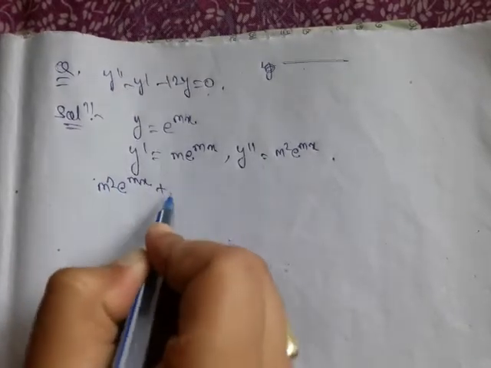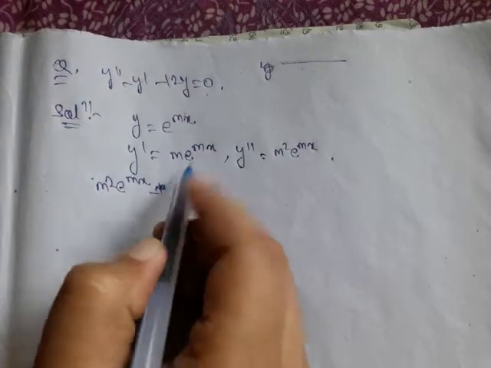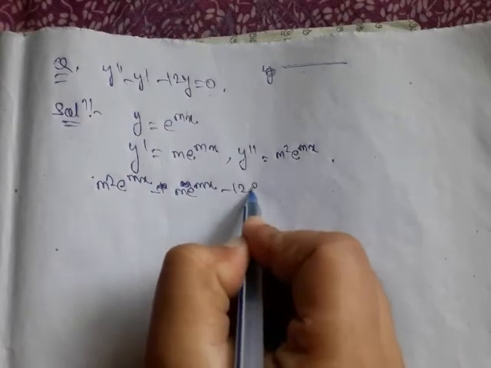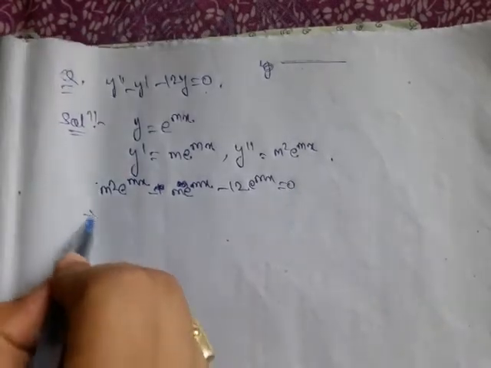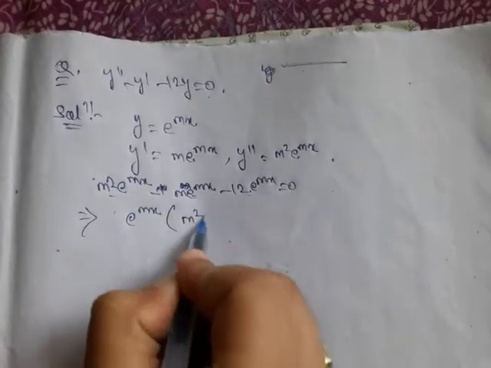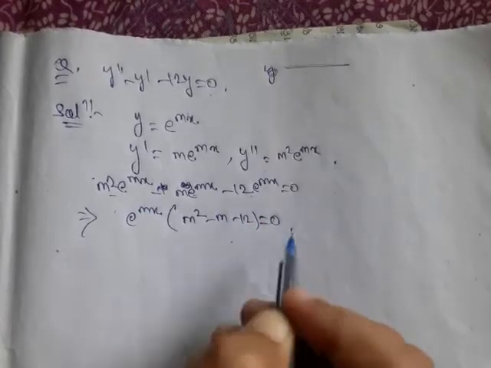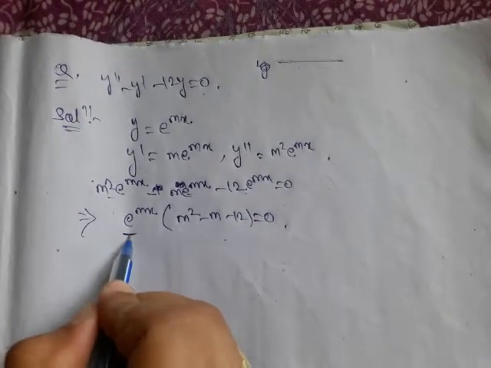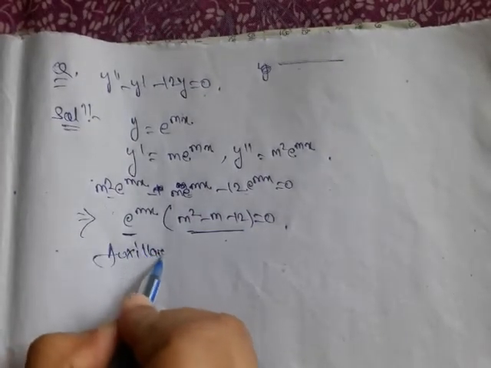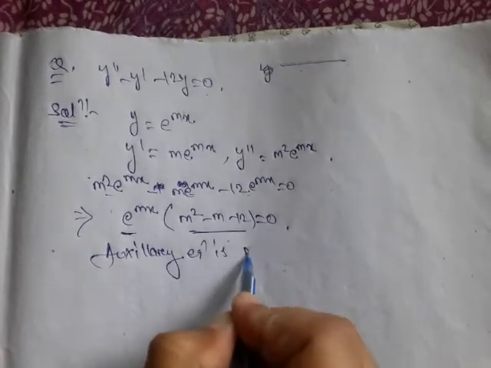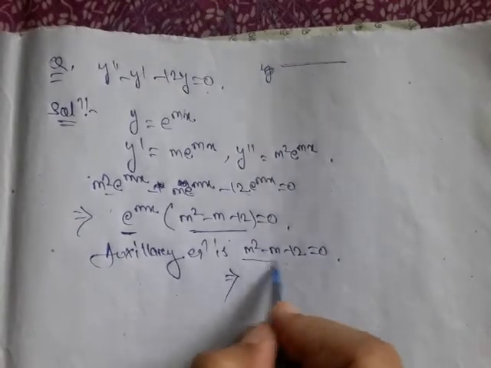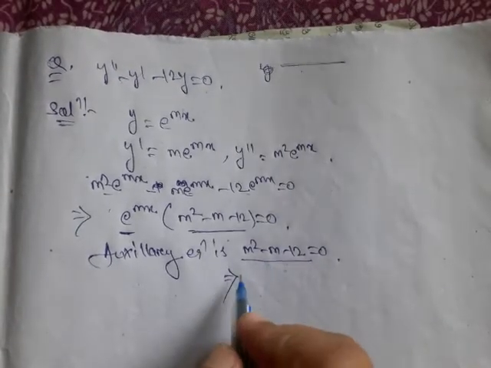So here, m square e to the power mx minus y dash, which is m e to the power mx, then minus 12 into y, which is e to the power mx, equals 0. Then we take e to the power mx common, so that is m square minus m minus 12 equals 0. But e to the power mx is not equal to 0, so this is our auxiliary equation.